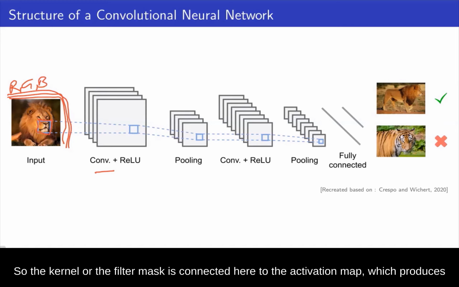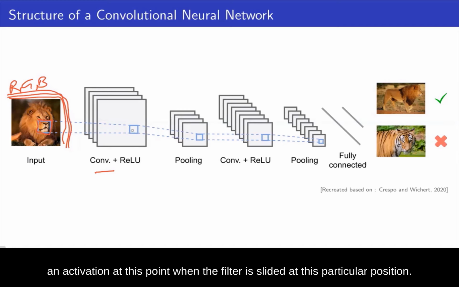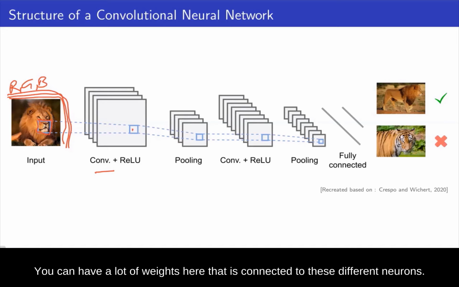So the kernel or the filter mask is connected here to the activation map, which produces an activation at this point when the filter is slided at this particular position. You can have a lot of weights here that are connected to these different neurons.